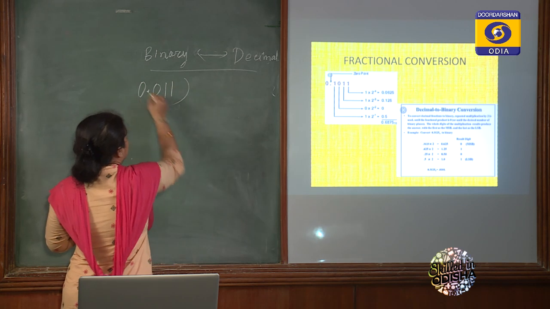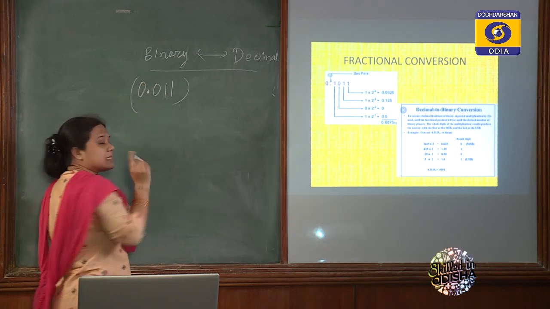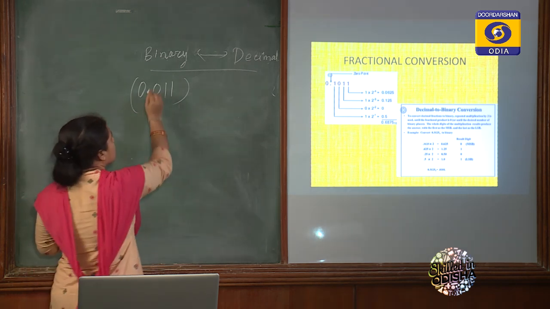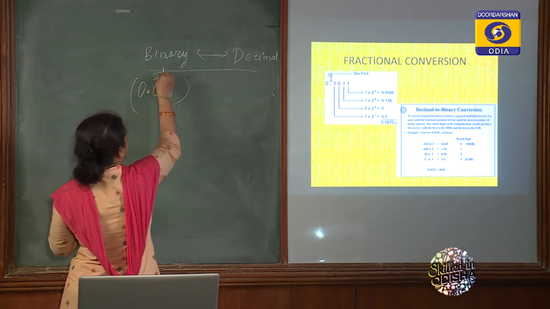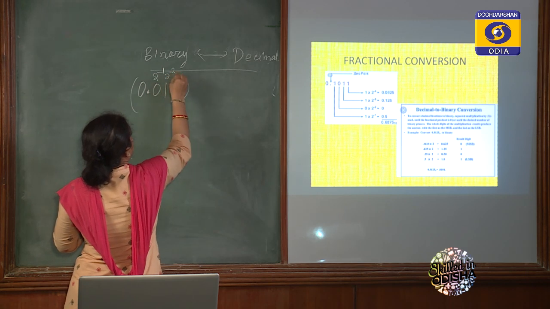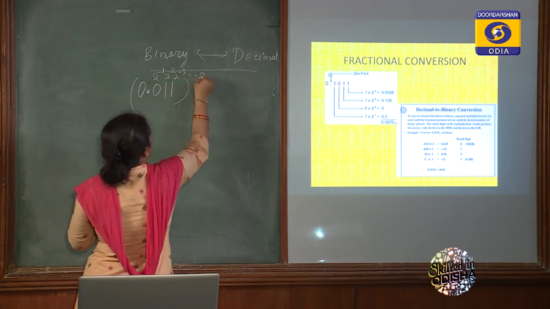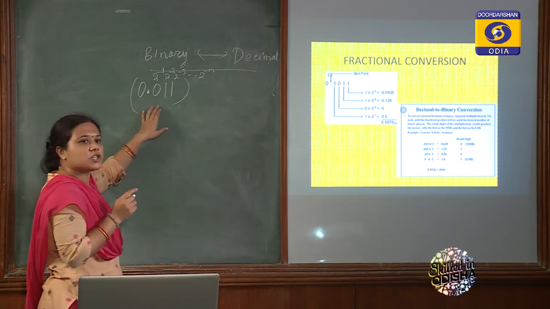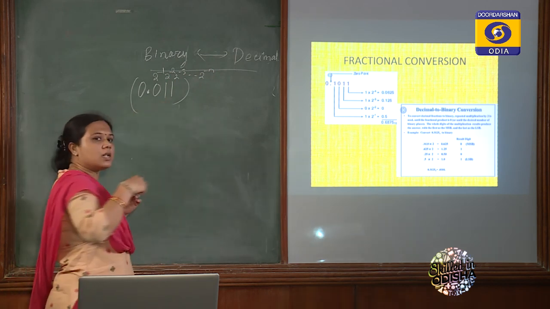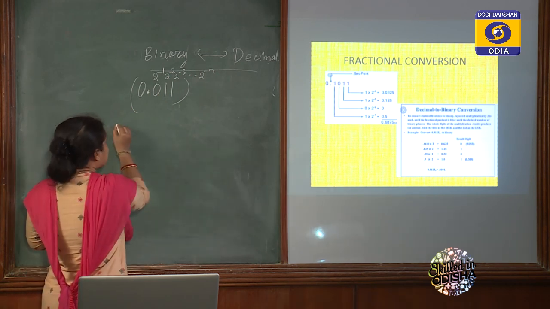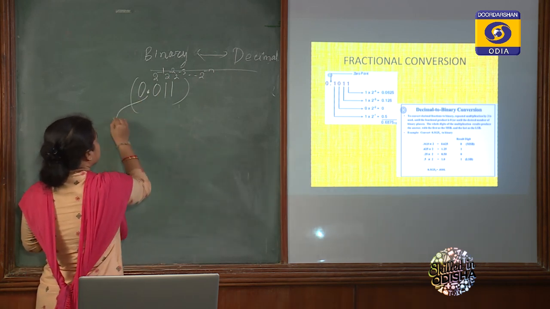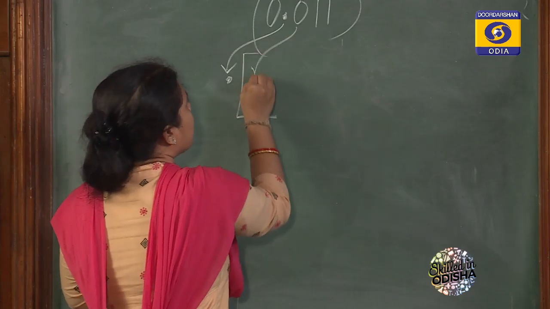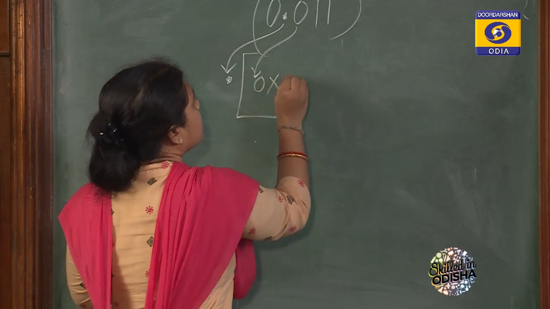In a binary number, after the decimal point, the positional weights of the digits are 2 to the power minus 1, 2 to the power minus 2, 2 to the power minus 3, and so on up to 2 to the power minus n. So what we have to do is multiply each bit with its positional weight.